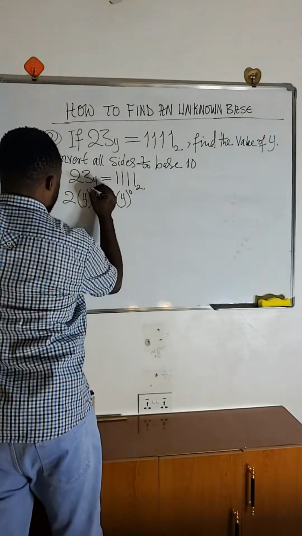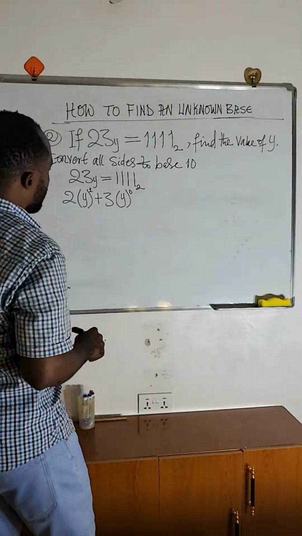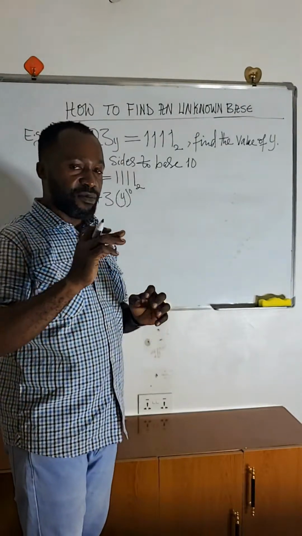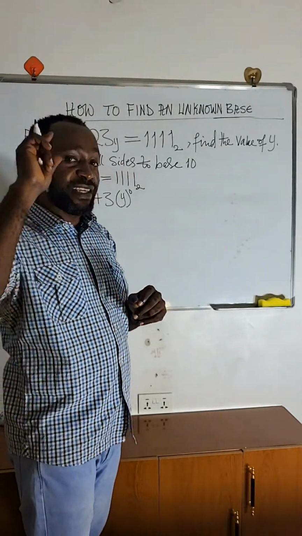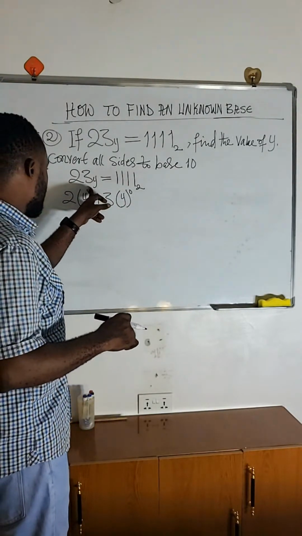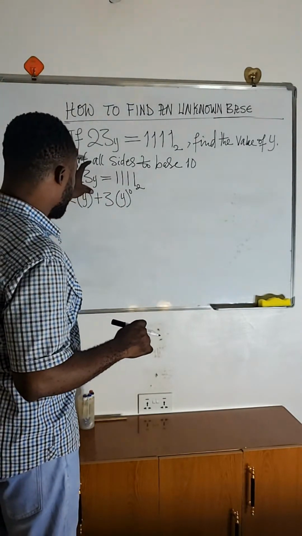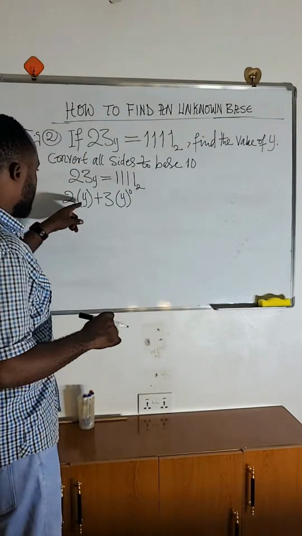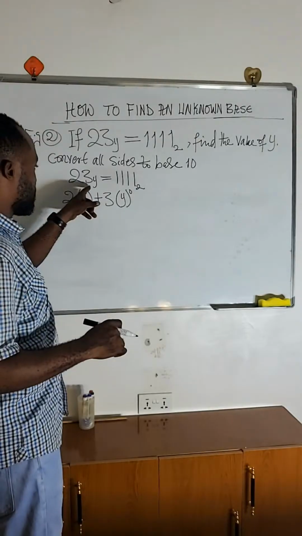Here is raised to power 1, but it's not advisable to write a number raised to power 1. I'm just writing it for understanding sake. If it were to be me, here, I'm not going to write it. Okay? So just understand that here is y raised to power 1.